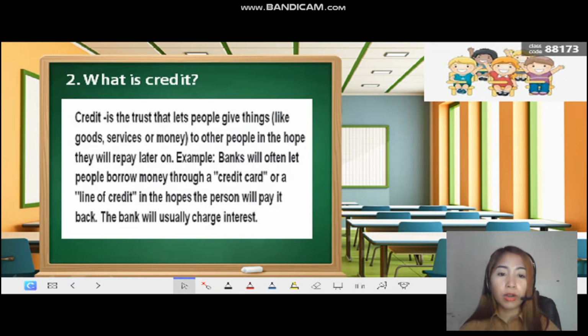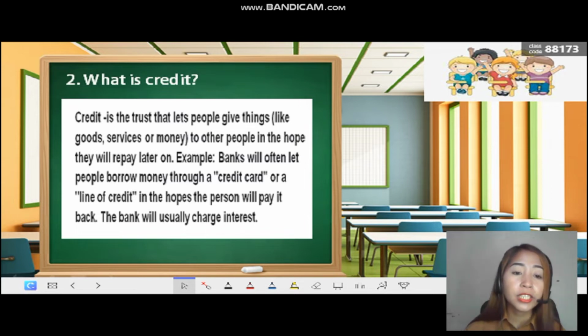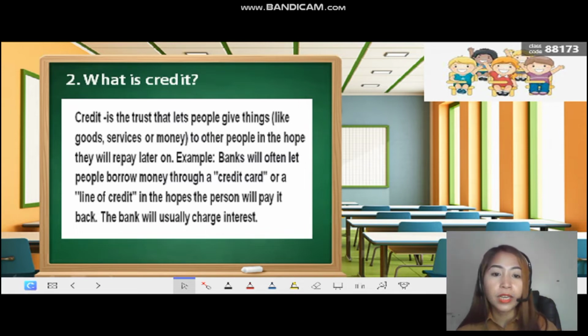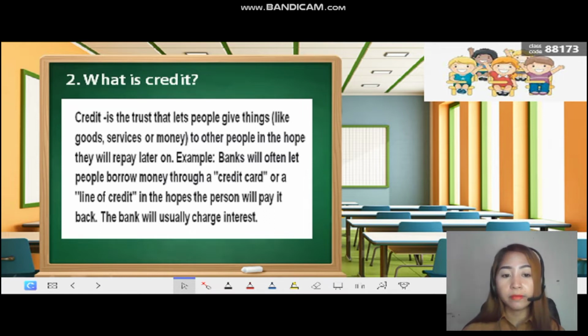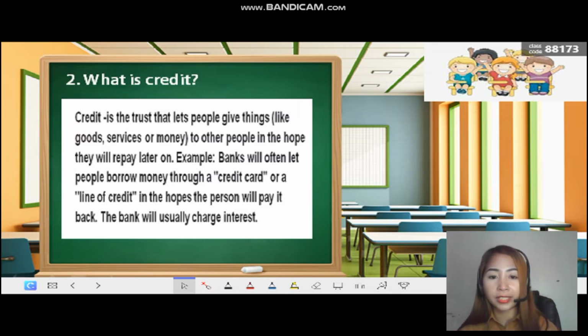Credit is the trust that lets people give things like goods, services, or money to other people in the hope they will repay later on. Example: banks will often let people borrow money through a credit card or a line of credit in the hope that the person will pay it back. The bank will usually charge interest. So that is the correct answer for question number 2.